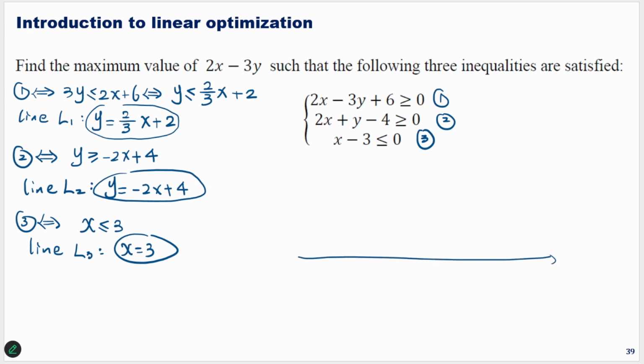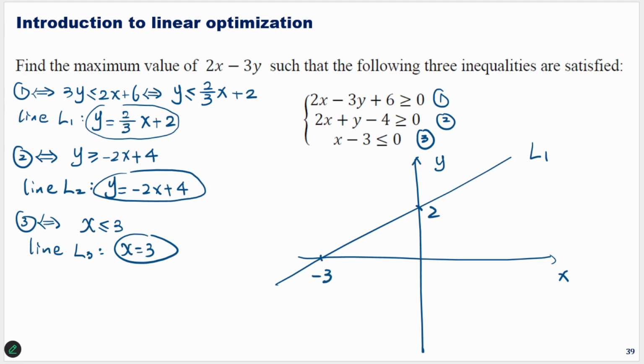So let's draw it onto the Cartesian plane. Then this is our x and this is our y. So the first line is somewhere here. This is our line L1. This point here is 2. This point here is negative 3, right? And for L2, negative slope, so something like this.